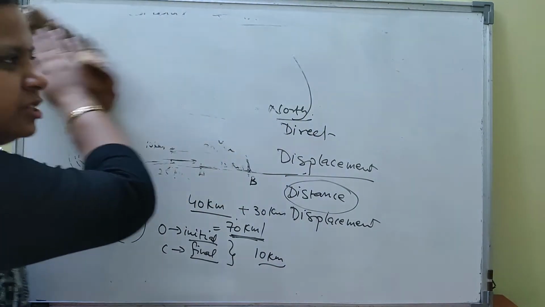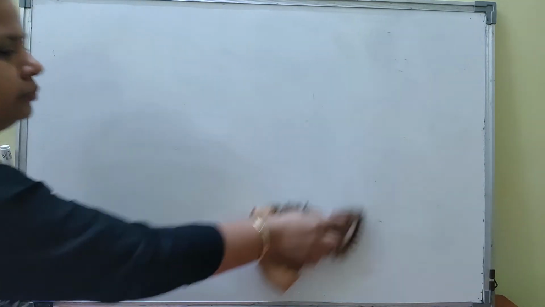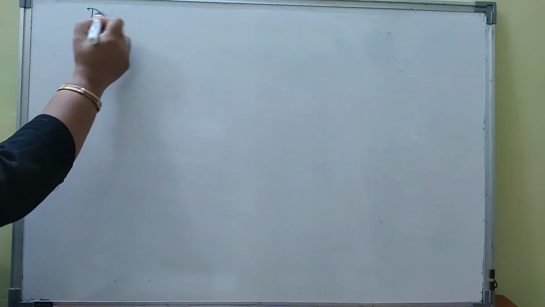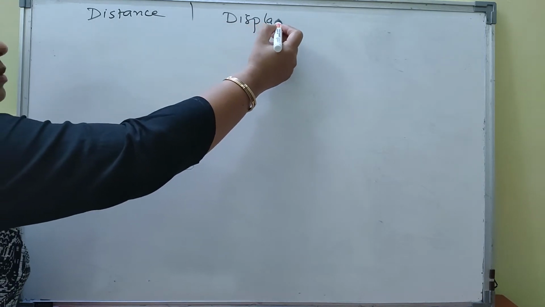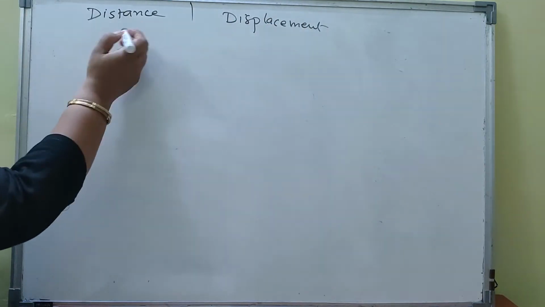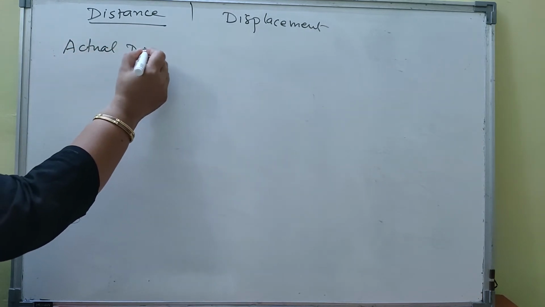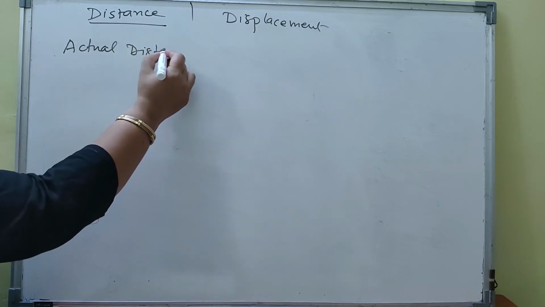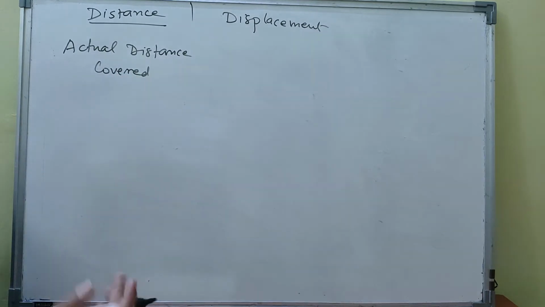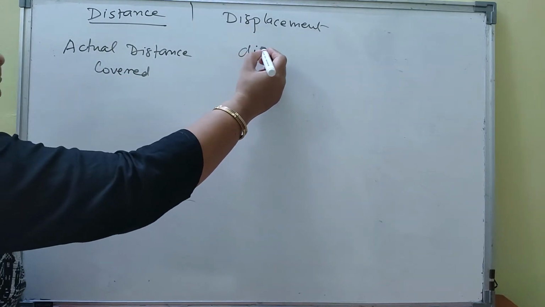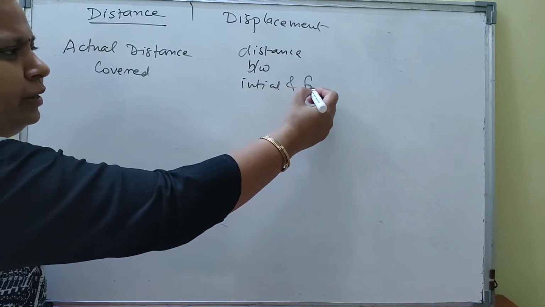Now, let us see the differences between distance and displacement. One is distance and the other one is displacement. This is the actual distance covered which your odometer shows, and displacement is the distance between initial and final position.